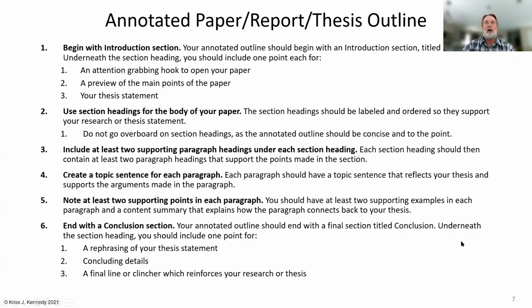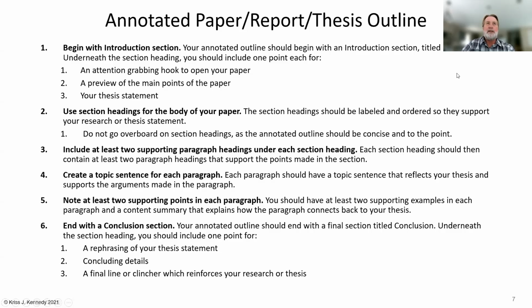You annotate the outline, should begin with an introduction section, and underneath that section heading you should include 1 point for each. So it should be an attention grabbing hook to open your paper, a preview of the main points, or your thesis statement.